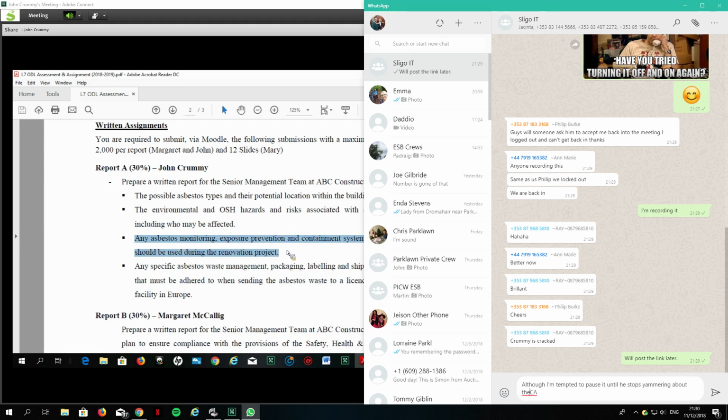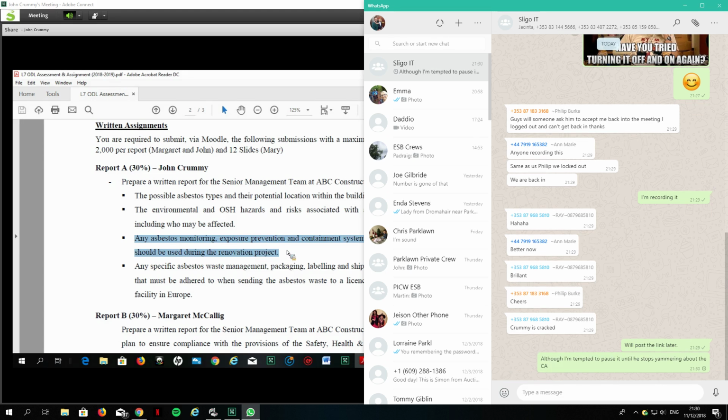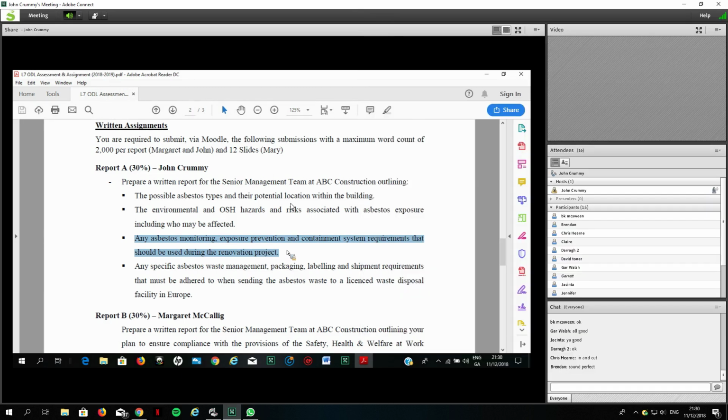Asbestos monitoring, we'll be looking for types of monitoring that should be conducted in relation to asbestos, which would include compliance monitoring, background monitoring, leak monitoring, reassurance monitoring, and clearance monitoring for asbestos. Should have also mentioned within this monitoring that the occupational exposure limit value for asbestos is 0.1 fibre per centimetre cubed.